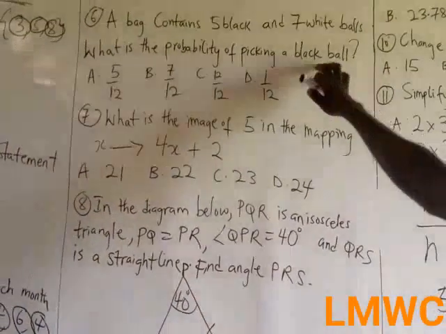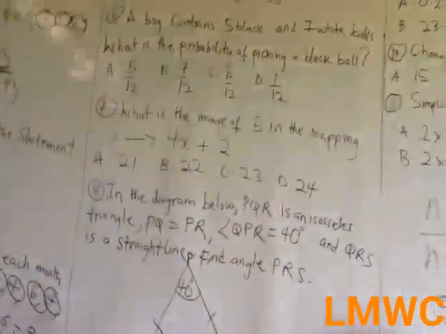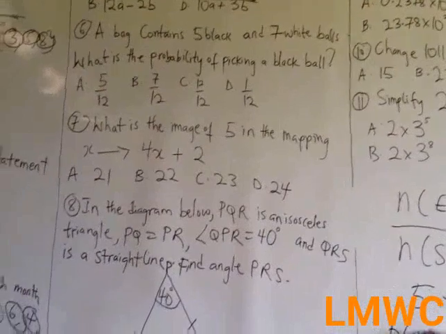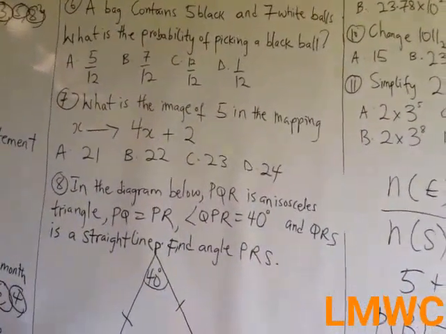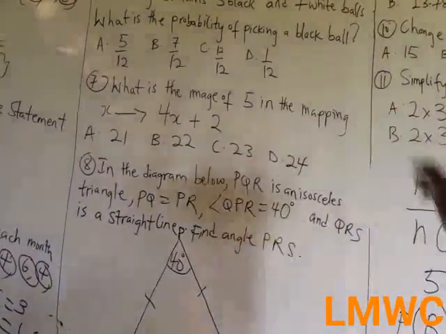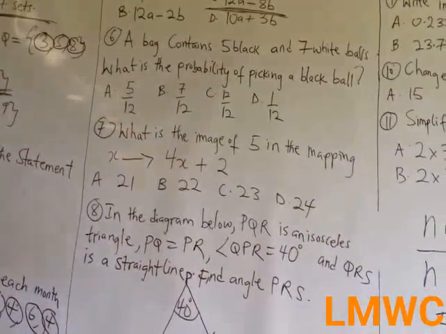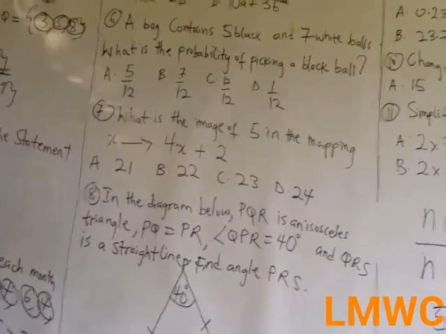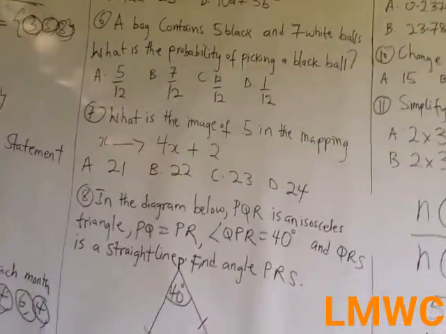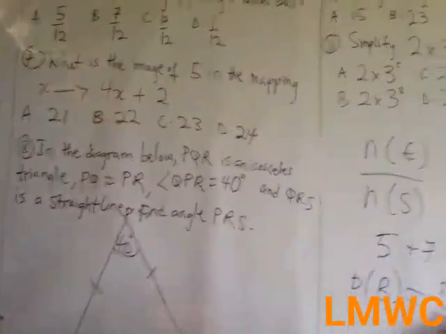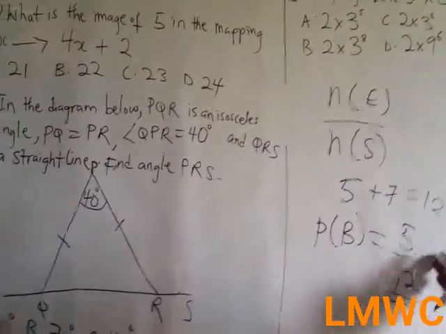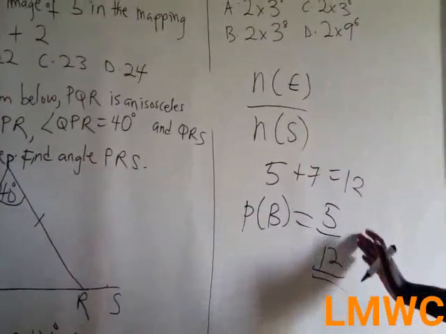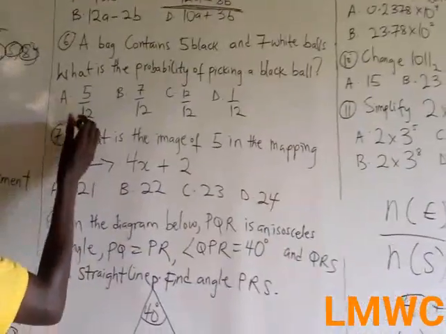Now we want the probability of picking a black ball. So probability of picking a black ball, let B denote black ball. So what is the number of black balls? It's 5. Over the total outcome, which is 12. And for probability, we reduce it to its lowest term. Can we reduce this to its lowest term? No. There is no common divisor. So our answer is A.